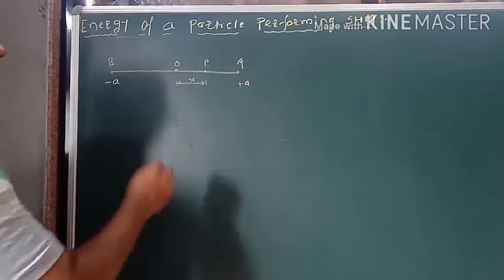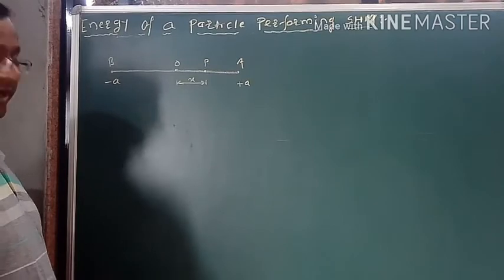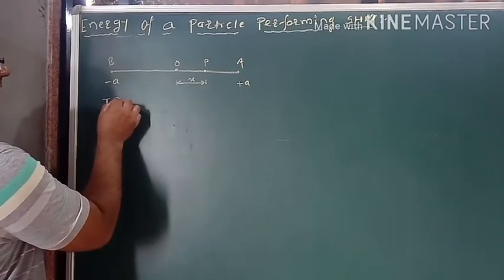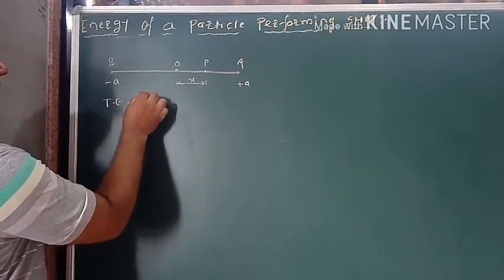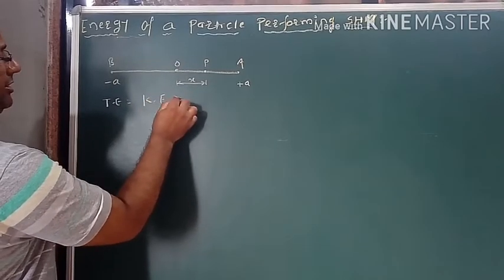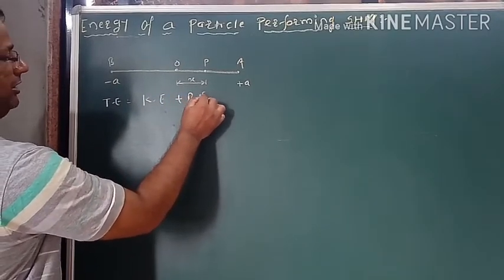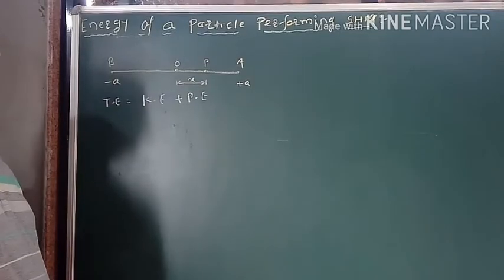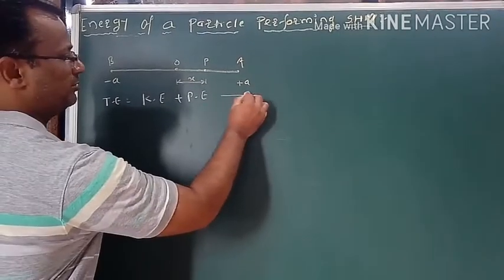But you know the formula of the total energy. Total energy is equal to kinetic energy plus potential energy, right? Suppose this is equation number 1.